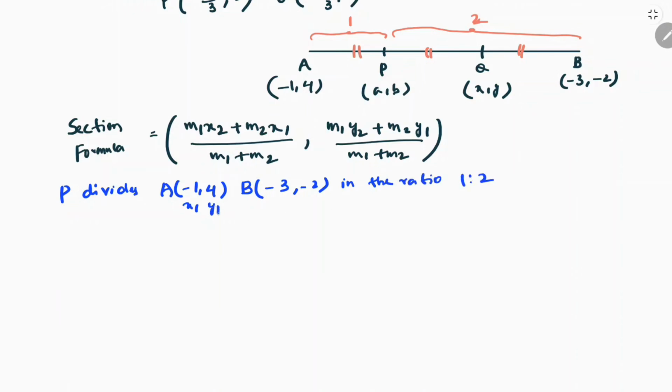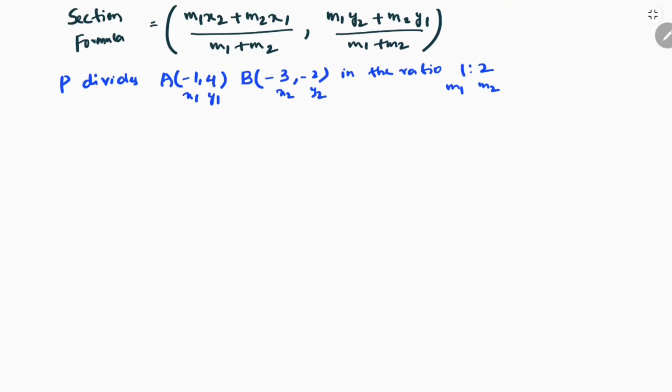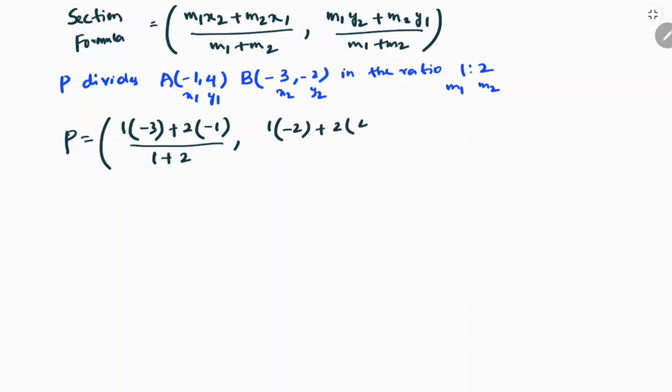Now I'll find P. P equals (m1 x2 plus m2 x1) by (m1 plus m2), with m1 as 1, x2 as -3, m2 as 2, x1 as -1, and for y, m1 y2 is -2, m2 y1 is 2 into 4, all by 1 plus 2.